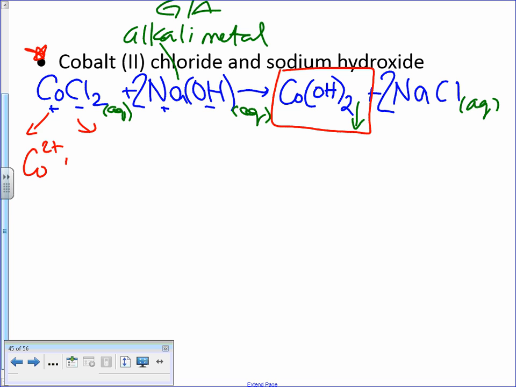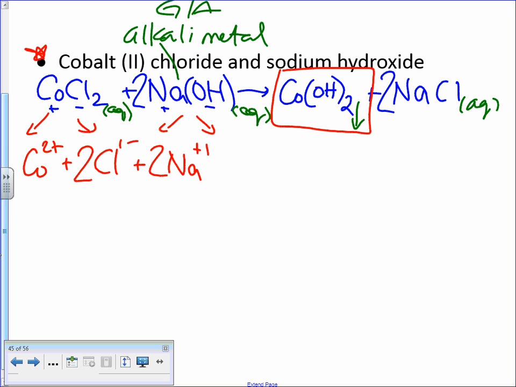Co 2 plus, and how many Cl's are there? 2 of them, right? That subscript means there are 2 chloride ions, 2 Cl 1 minuses. And then this one, yeah, that 2 plus there. Na what? 1 plus, right? The sodium is a 1 plus charge.